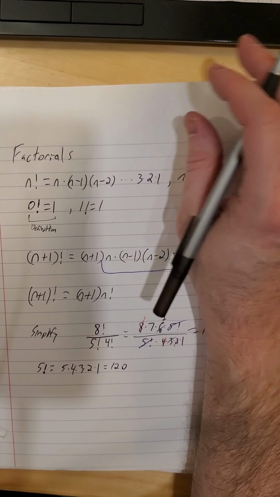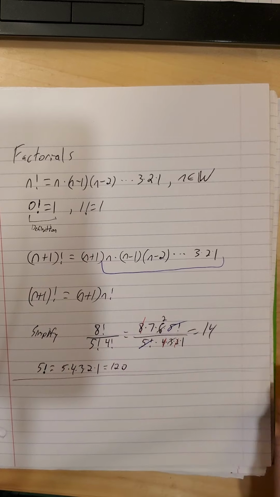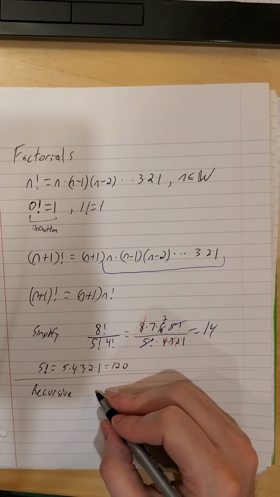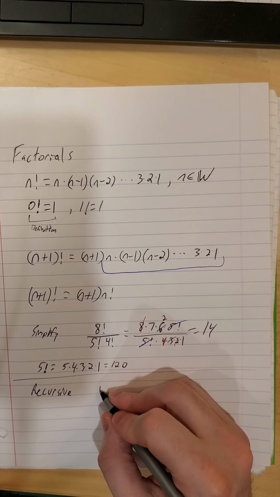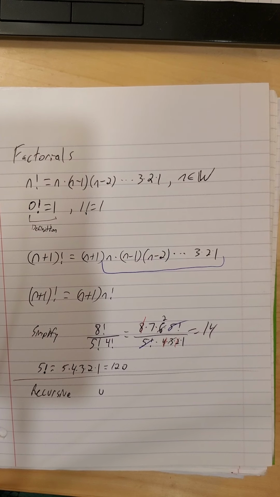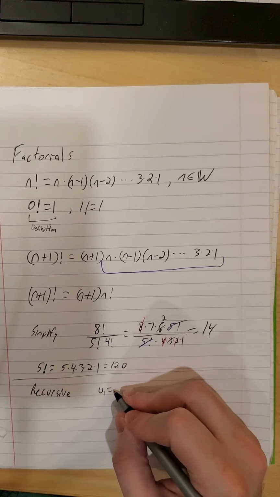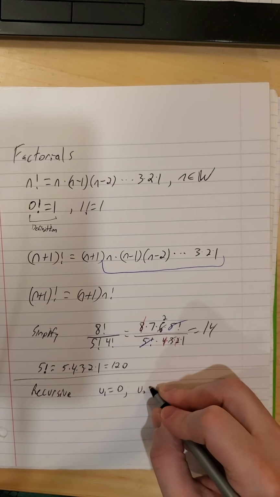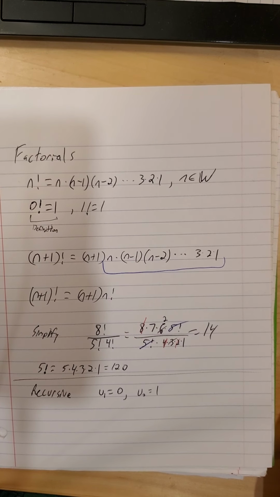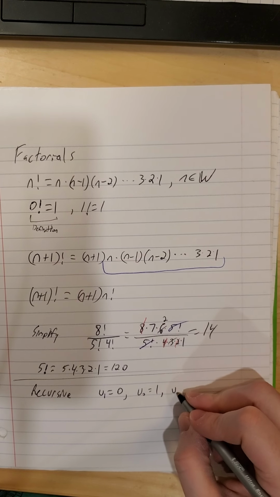So the next thing we look at are recursive sequences. Recursive, they'll give you maybe 1, 2, or 3 of the starting terms, and then some relationship saying, okay, here's how the rest of them are built based on what's already there.